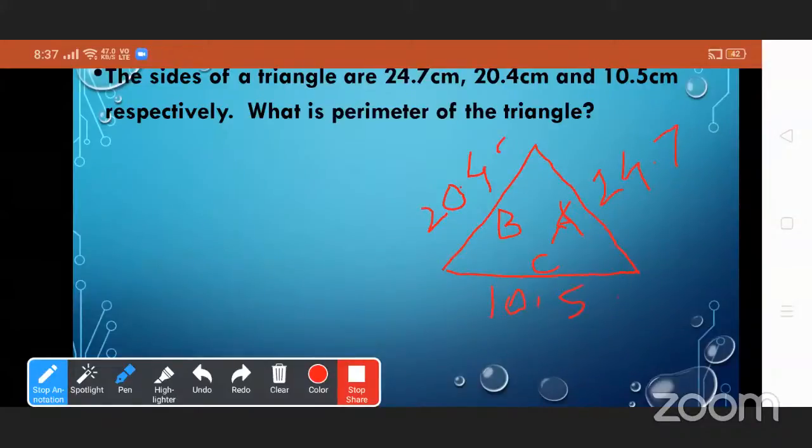So what is the perimeter of this triangle?